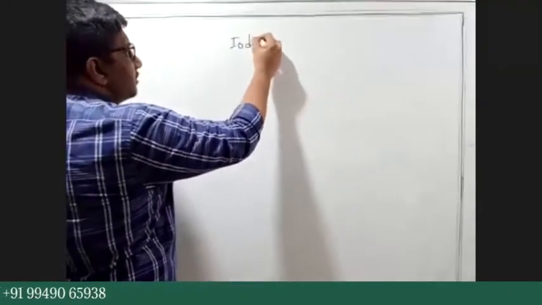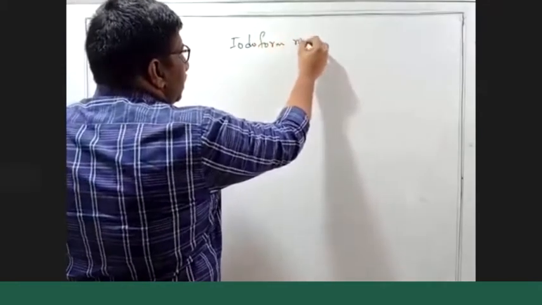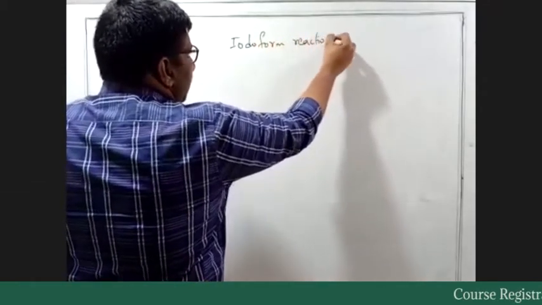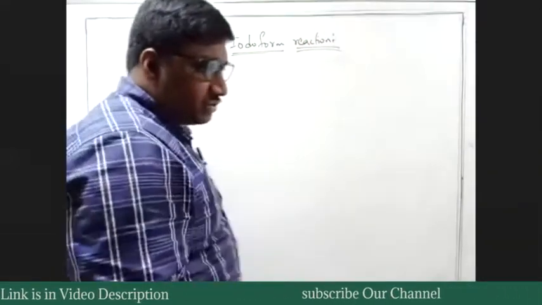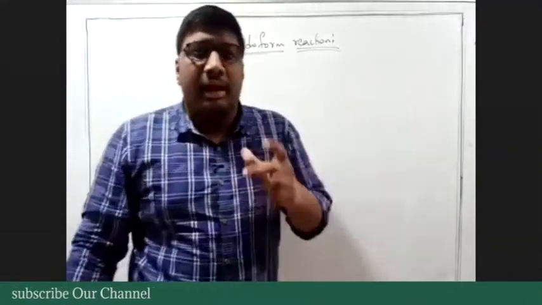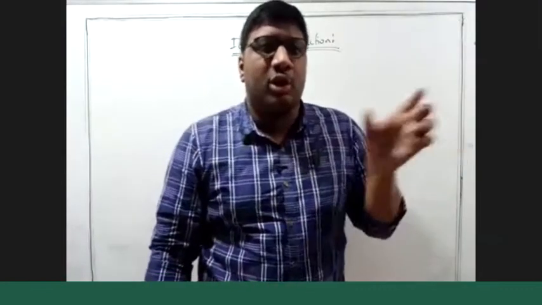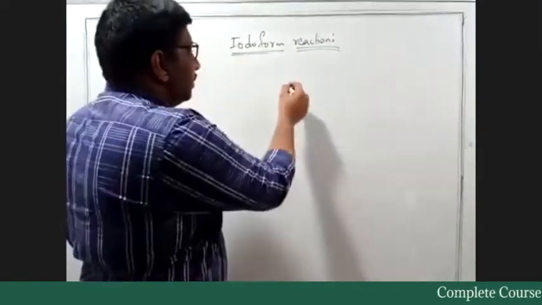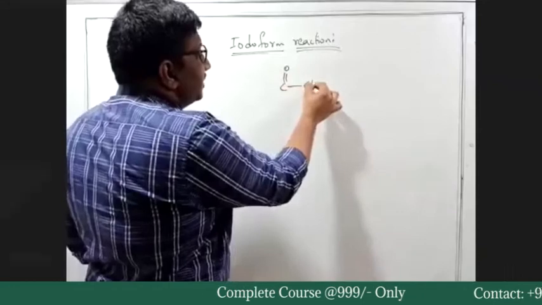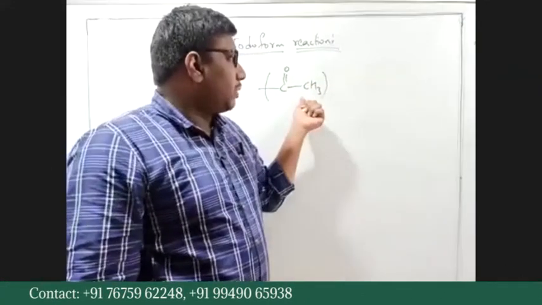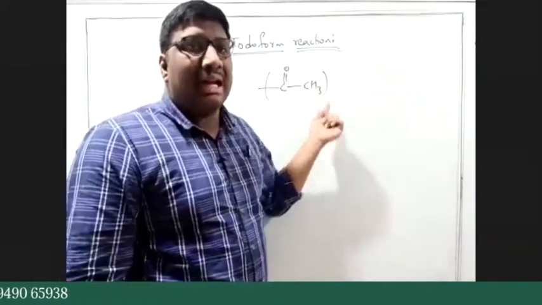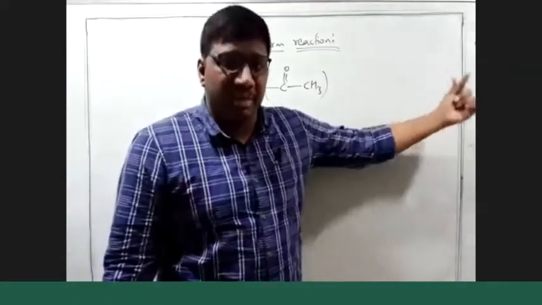Iodoform reaction. Why am I discussing this? Because in carbon compounds, carbons which have a C double bond O and a CH3 group will react with halogens in the presence of base.